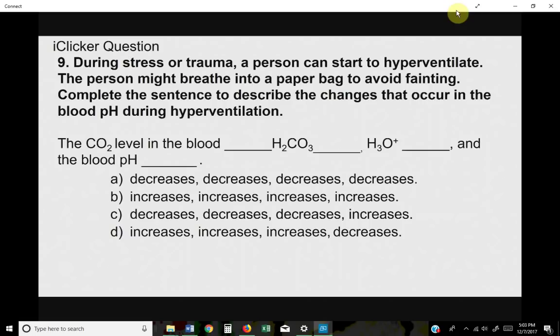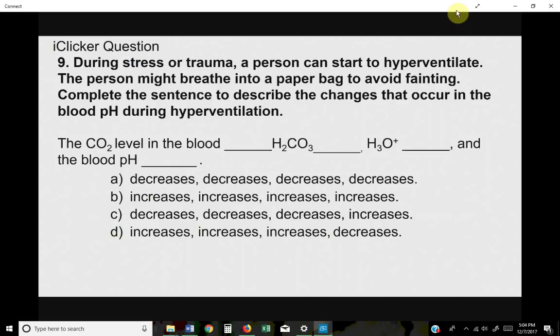What happens to the CO2 levels in the blood? Right, it will increase. Well, if the CO2 levels in the blood increase, then the carbonic acid levels are also going to increase. I'm sorry, during hyperventilation, we end up losing too much CO2. So the CO2 level in the blood decreases, making the carbonic acid level decrease.